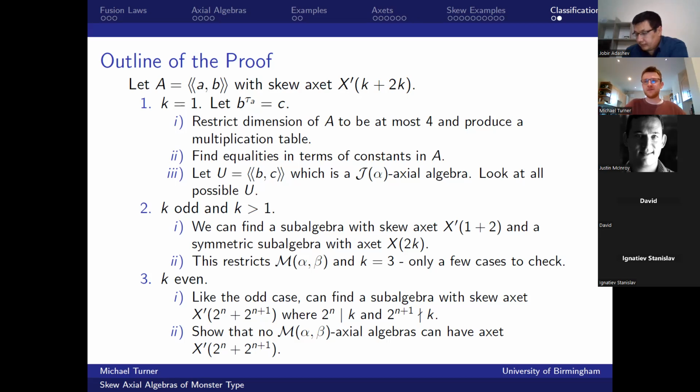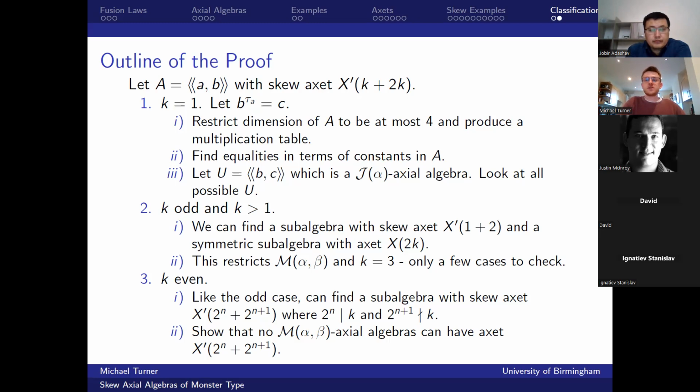Thankfully, using work of Clara Franchitti, Mariam Andrus, and Sergei Spektrov on their papers on 2-generated primitive axial algebras of monster type. They've done 2 papers, a general one, and then alpha equal to 2 beta. I can use some of their equations to restrict the dimension of A to be at most 4, and also get a complete multiplication table.